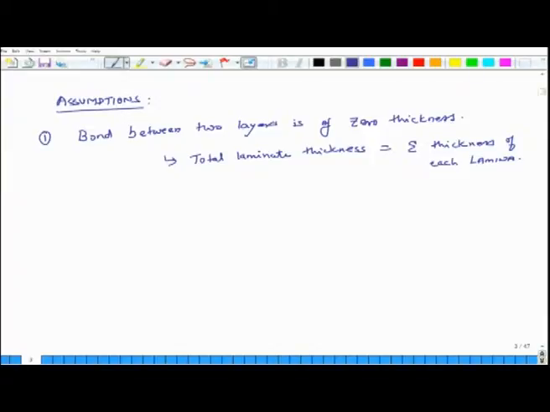The second assumption we will make is that the bond is perfectly rigid. So, the second assumption is that the bond between two adjacent layers is perfectly rigid. Now, that has a very significant implication. Consider this book, and just assume that each of these pages is an individual layer or a lamina.